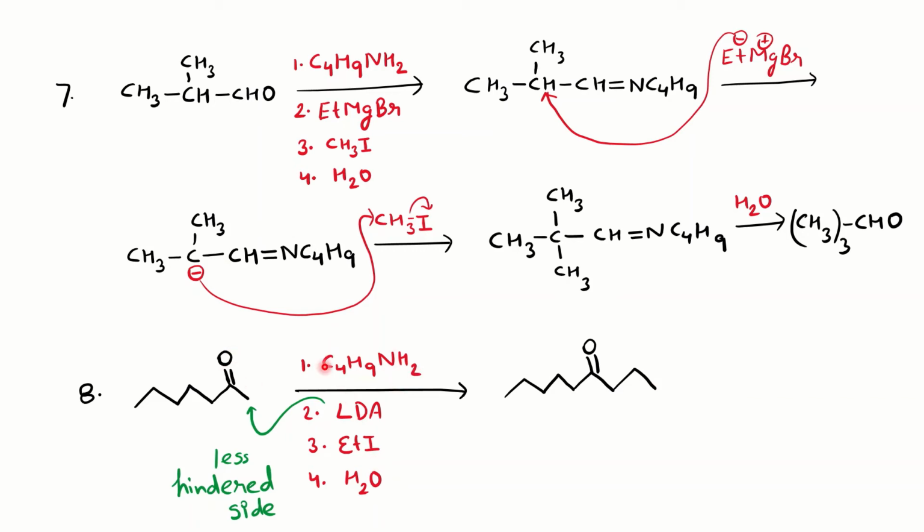In the first step, enamine formation will occur, then in the second step, abstraction of a proton in the presence of LDA from the less hindered side. Once the carbanion is generated, alkylation will take place here, and finally hydrolysis gives the C double bond O. This is the final product. You can directly write it down for MCQ and competitive exams without solving it. For those who are writing the mechanism, we have already discussed it.